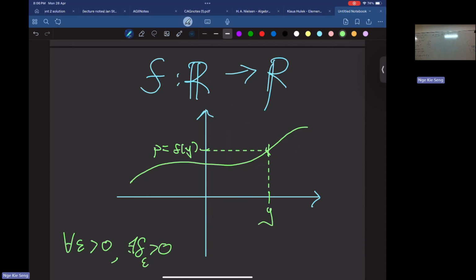This delta could be dependent on epsilon such that if x minus y is in between 0 and delta, then f(x) minus p will be less than epsilon.